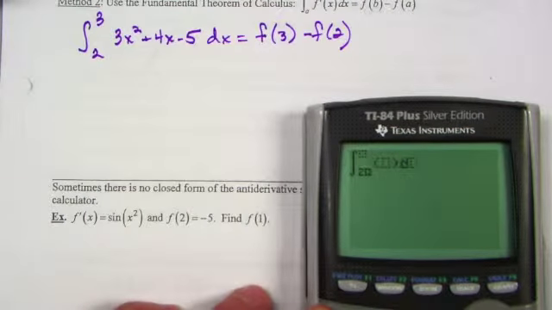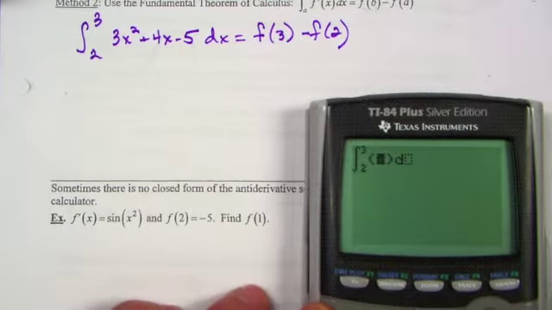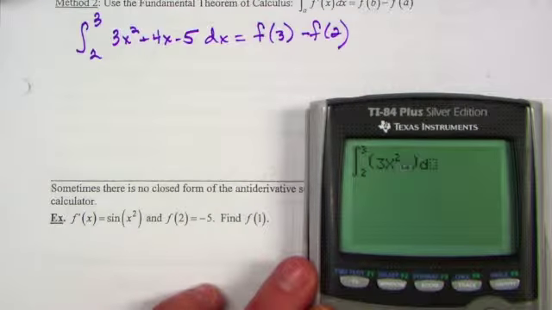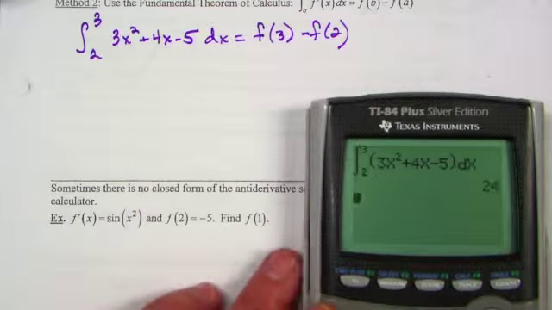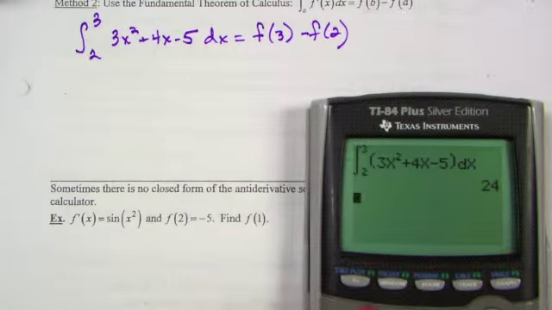My lower limit of integration is 2, and my upper limit is 3. And then I'm going to type in 3x squared plus 4x minus 5 dx. And no matter what calculator you're using, you should have gotten a value of 24.